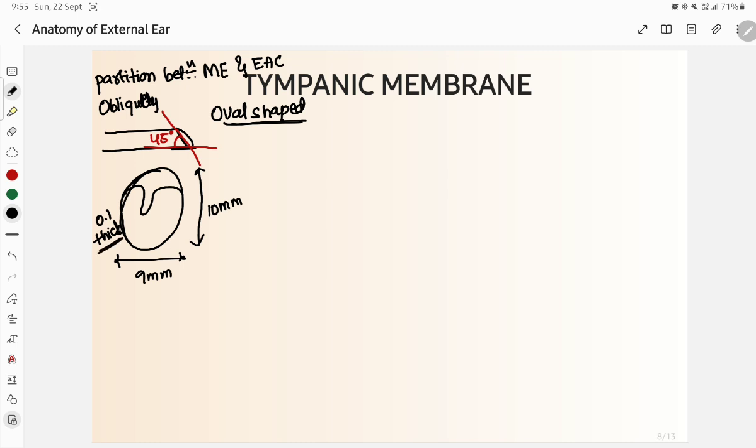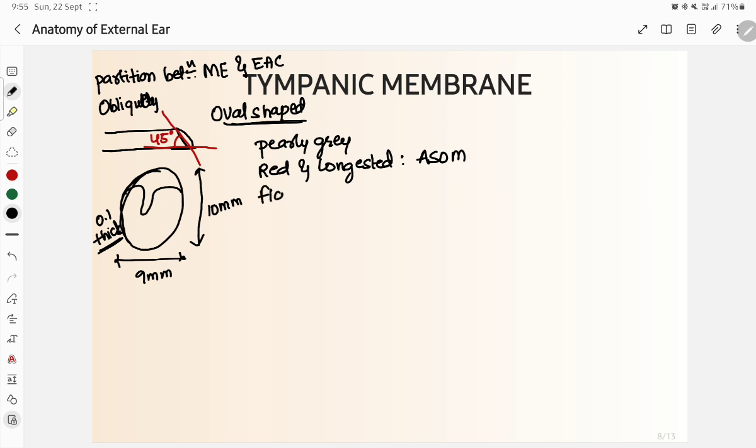Now let's learn about the color of our tympanic membrane. In normal conditions, it is pearly gray. But if it is red and congested, it suggests a condition known as ASOM or acute suppurative otitis media.